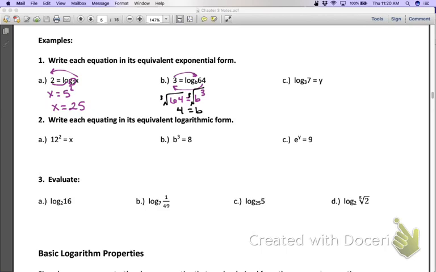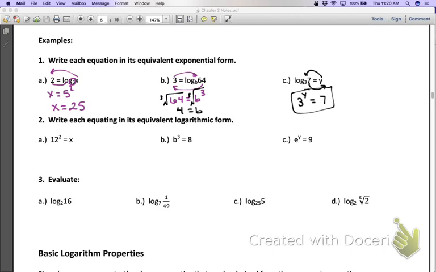Same way, last one, the y is going to be your exponent, and then so I have 3 to the y power equals 7. Okay, so if that was in exponential form, that's how we would go about it. This one we'd pretty much have to stop because we don't know what that value is.